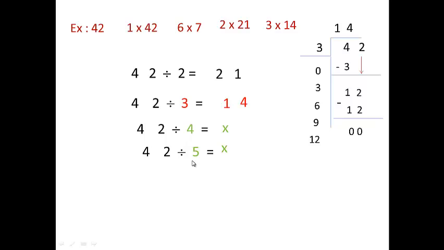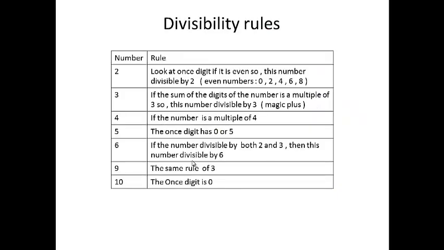How do I know to get the rest of the factors according to divisibility rules? See, if the number is divisible by 2, this number should have an even number in its ones.